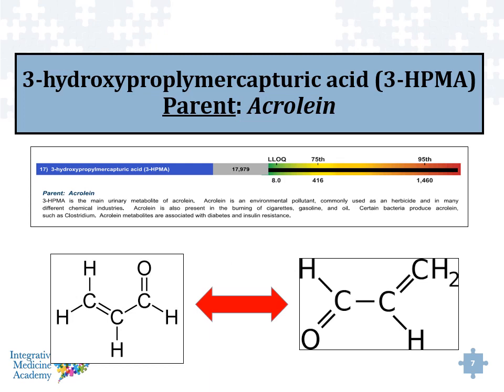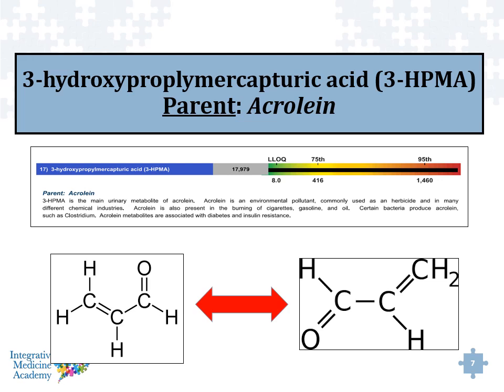One of the chemicals that often shows up elevated, and I see it in probably about 80% of the GPL-TOX profiles that I see in practice, is a chemical called acrolein, also measured as 3-hydroxypropyl mercapturic acid, which is the main metabolite.